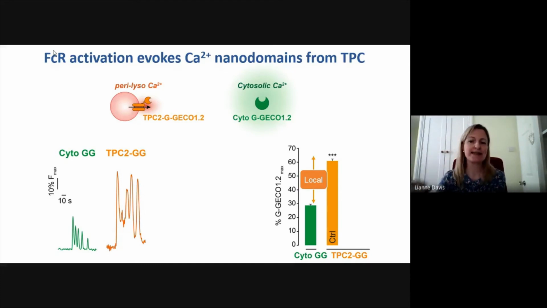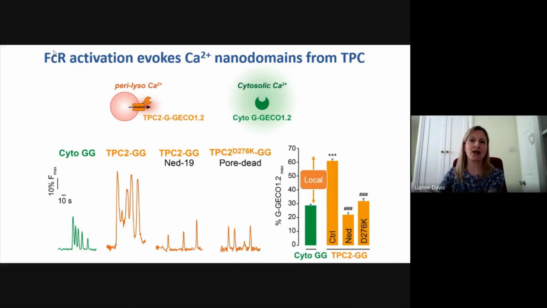And importantly, this larger signal was not just dependent on the lysosomal location, but on the channel being active. Because when we inhibited the TPC activation in two ways, using the NAADP antagonist NED19, this reduced the response to cytosolic GG alone. And secondly, expressing a pore-dead inactive mutant also eliminated the local component. Therefore, TPC2 GG detects calcium signals that cytosolic GG cannot, and this is dependent on an active channel on the lysosome.